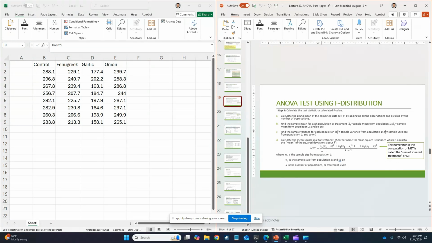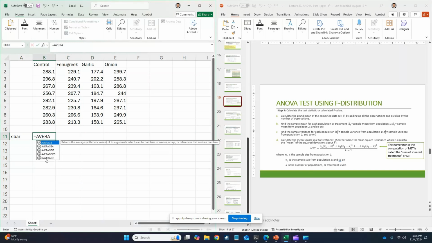So for MST, we have to check the difference between sample means and the overall mean. So let's calculate the sample means for each of these samples. So I'm gonna write X bar 1, X bar 2, X bar 3, X bar 4. I'm just gonna get the average of these values.